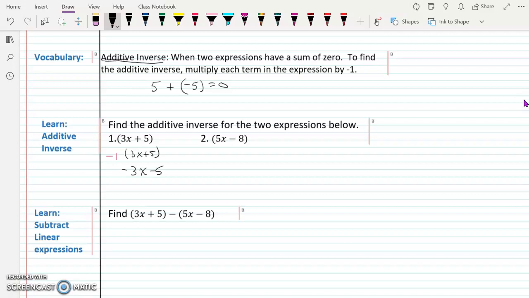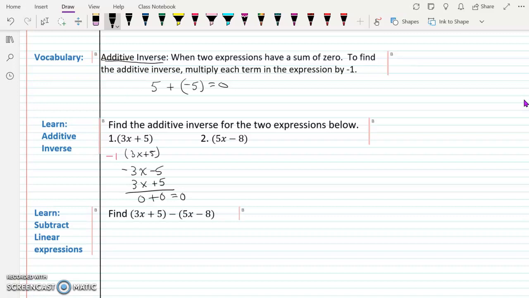We can check that out by adding those two together. If I add 3x plus 5 to -3x minus 5, I see that -5 plus 5 is 0, -3 plus 3 is 0, 0 plus 0 equals 0. Therefore, we can see these are additive inverses of one another.